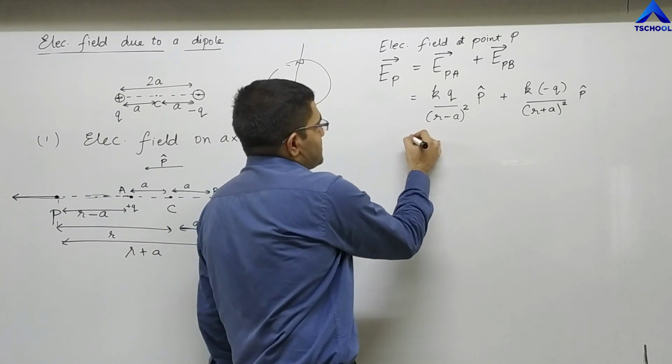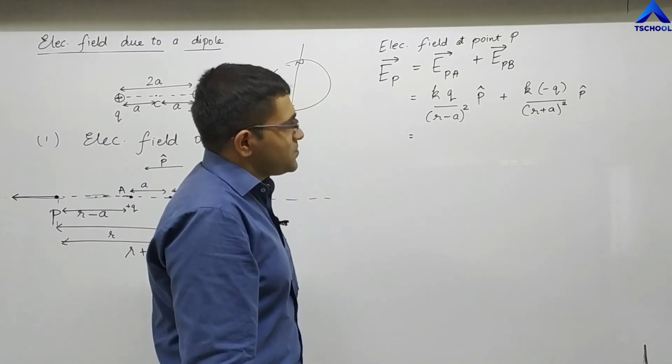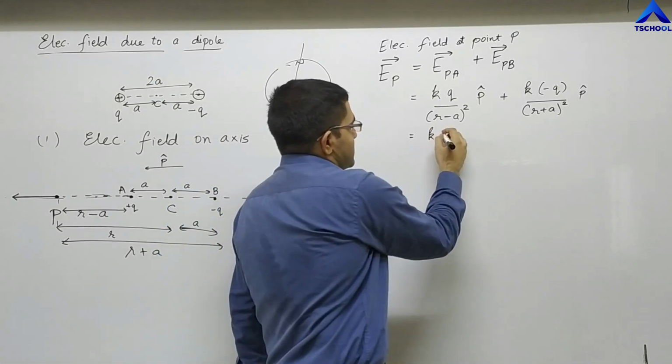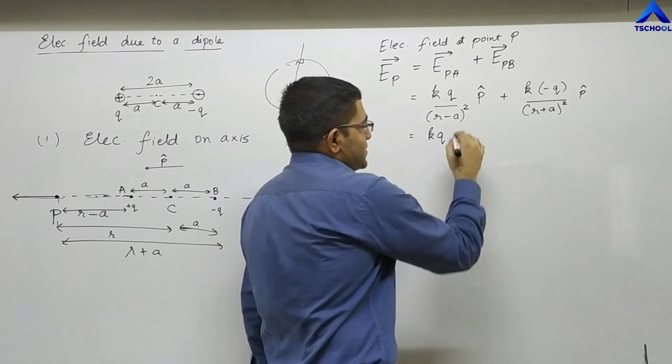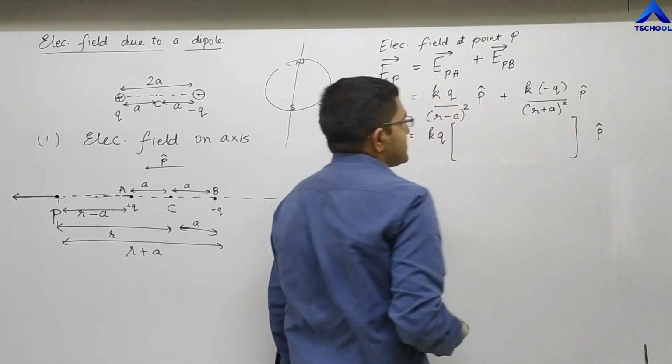Okay, so now let's see what expression we have over here. What's common? What do you think? Well, obviously k is common, and q is common. Obviously we could also write the direction p hat.